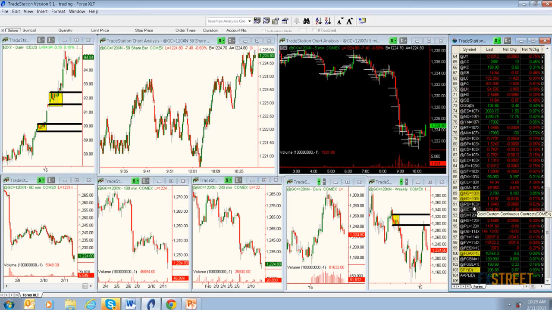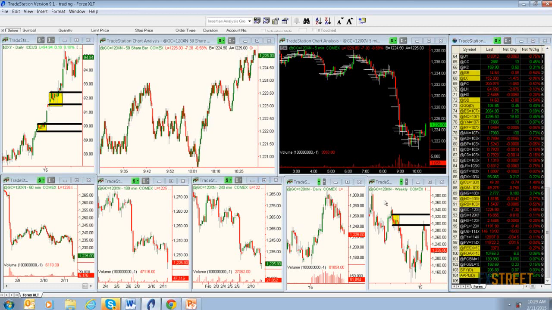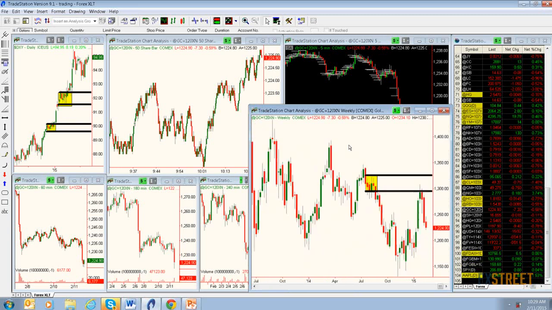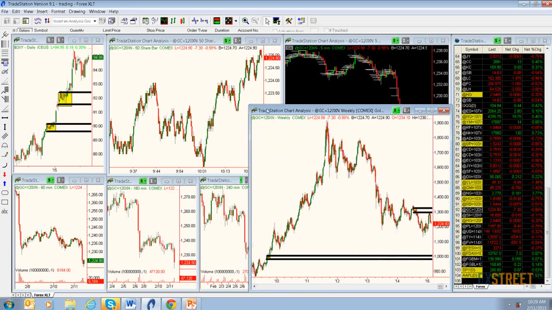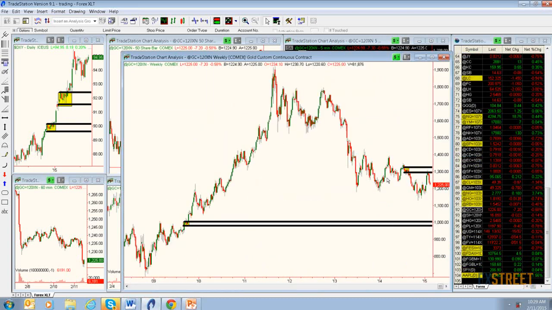For example, if you take a look here, I think last time we were together, we were over this gold market. Again, we're very bearish, looking for price to come down closer to this $1,000 mark.